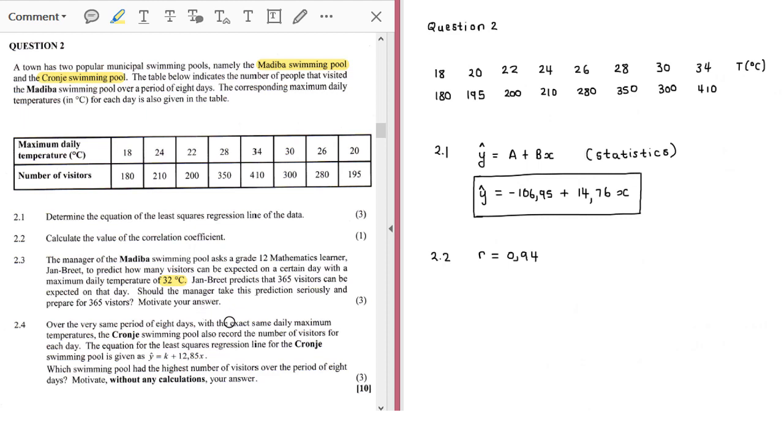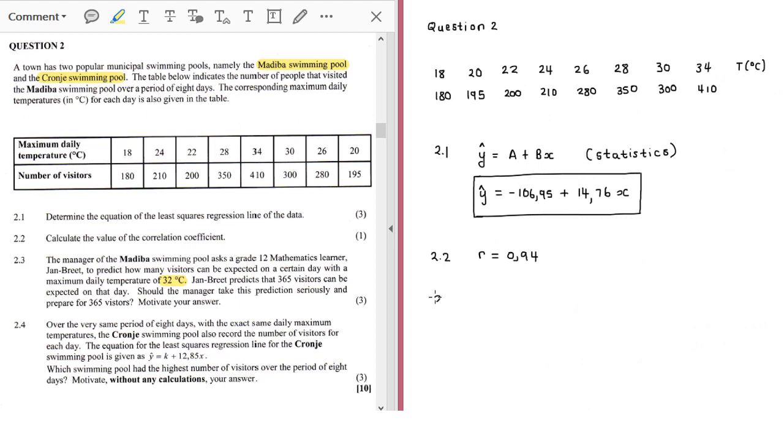We need to motivate our answer. For this, basically what the student did is they found the equation like we did, and then substituted that temperature, which is an X value, and then calculated y, the output, which is the number of visitors you can expect.